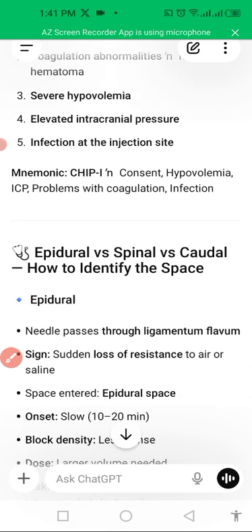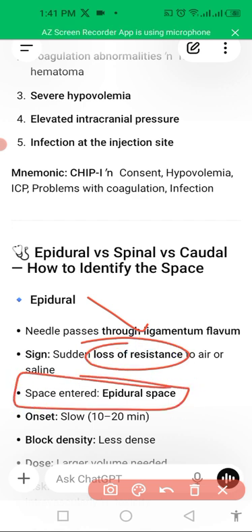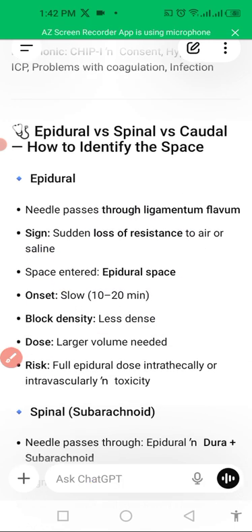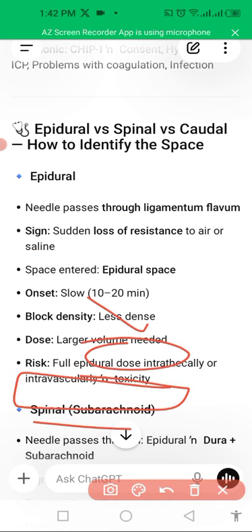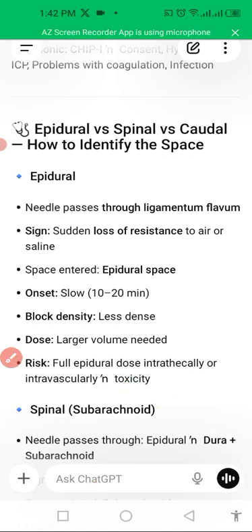So epidural versus spinal anesthesia, what is the difference between them? The needle passes through the ligamentum flavum, there is a sudden loss of resistance, and it enters the epidural space. So that is epidural. But if there is fluid coming out, that means we are in the subarachnoid space.